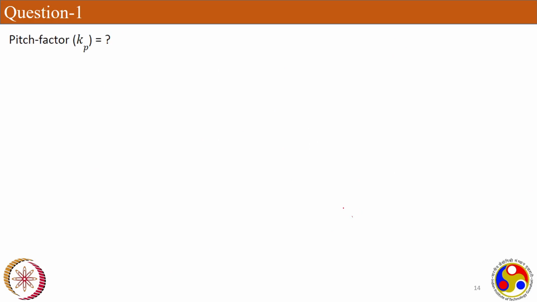Now let's look at the pitch factor. We will apply the formulas we have derived in this session. What is the formula for pitch factor we have calculated? Pitch factor is equal to cos epsilon by 2, right?